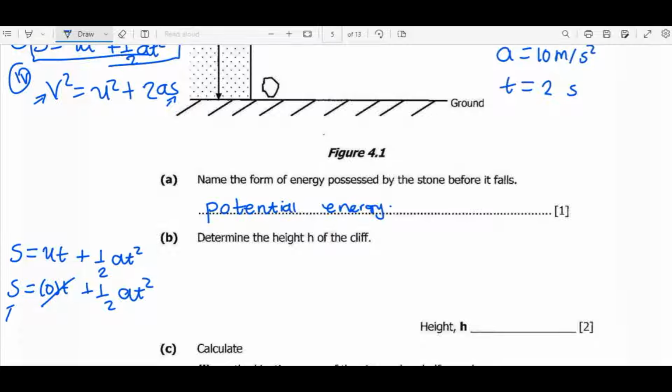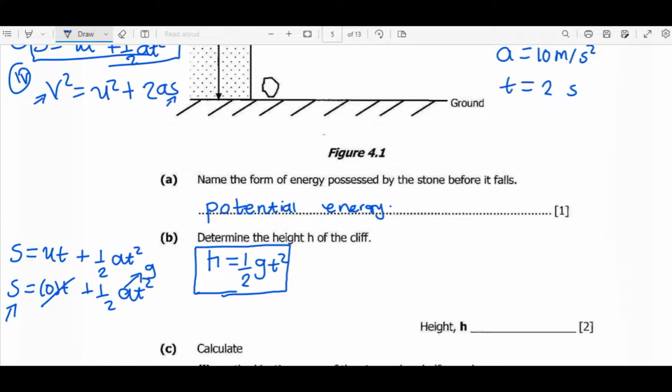Now where there is s, I'm going to substitute with height. Then we have half. Then a, I'm going to substitute with gravity, which is the acceleration due to gravity, g, then t squared. So this is the simplified formula that I think you should commit to memory whenever you are dealing with finding the height, as long as you are dealing with free fall.